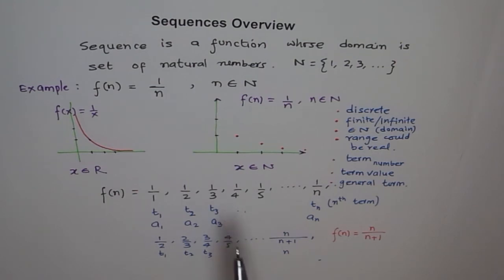For that, plug in different input values of n as natural numbers from 1 onwards, or as given in the domain, and generate the outputs. All those outputs will form a part of your range. Remember, the domain is always the set of natural numbers, but the range could be real numbers or any other set of numbers. I hope you understand the whole concept and get an overview of sequences. Now we will do more problems based on sequences.